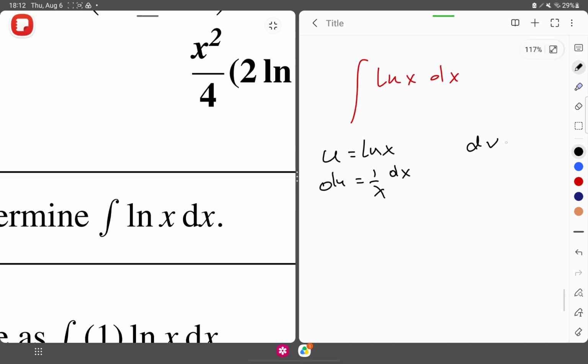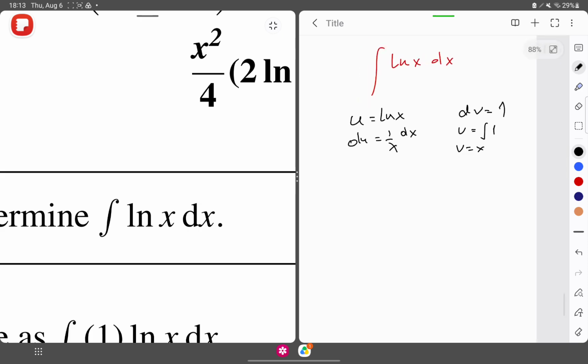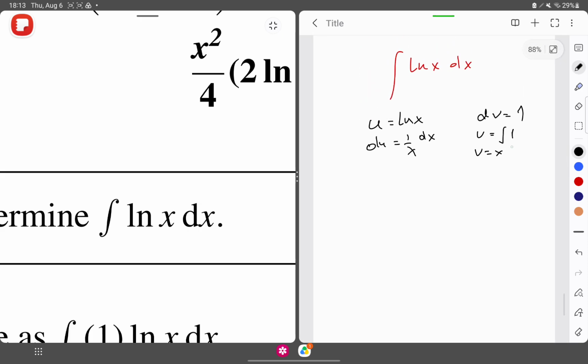Our dv will be just 1, and the integral of 1 is x. Maybe this is what they mean. So v is x simply.